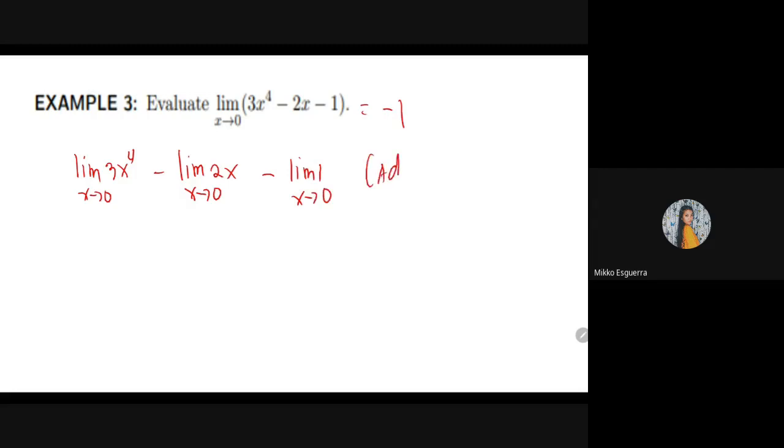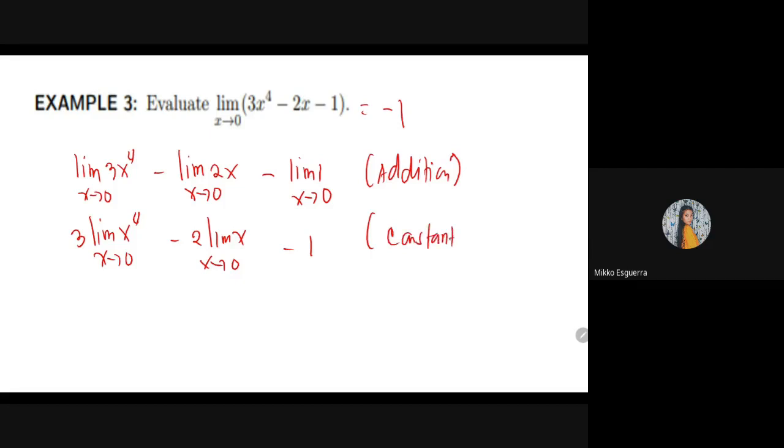So the first step is you use the addition theorem of the limit. Then 3 times the limit of x to the fourth as x approaches 0 minus 2 times the limit of x as x approaches 0 minus 1. So this is the constant multiple. And then by substitution, minus 2 times 0 minus 1.